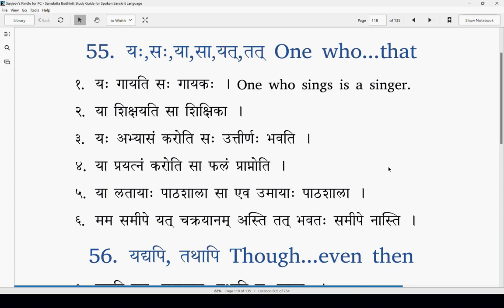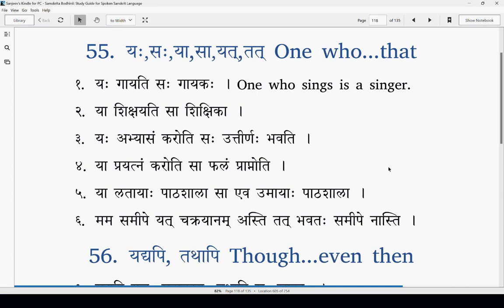Correspondingly, we have the question words like kaha, ka, and kim. Like kaha bhashanam karoti, kaha gayati, ka gayati, ka nrityati, kim patati. These question words can be used as question words, like kaha patati means who is falling.